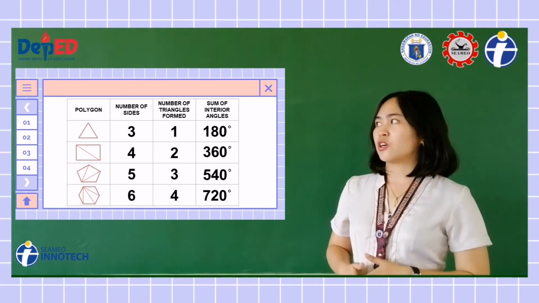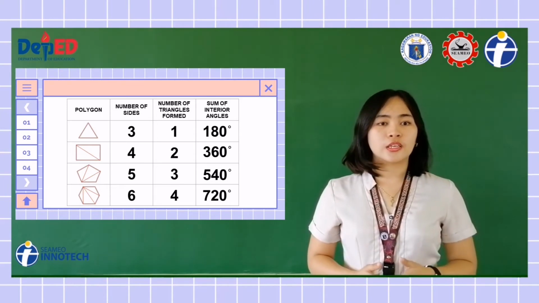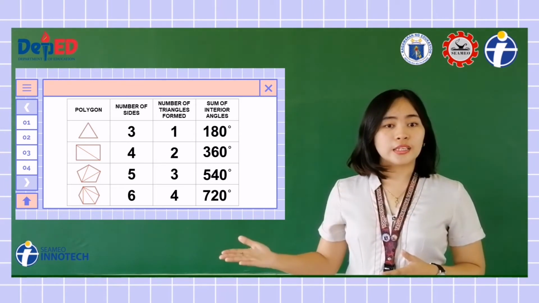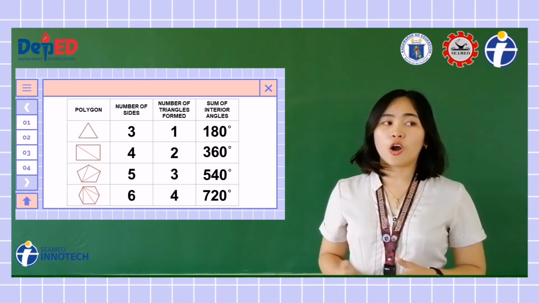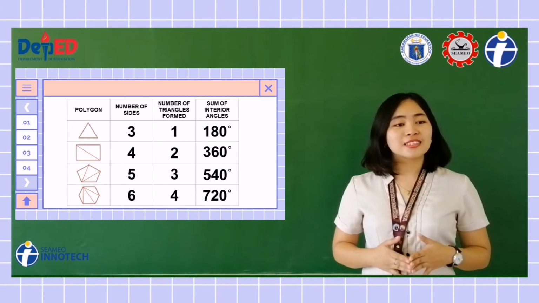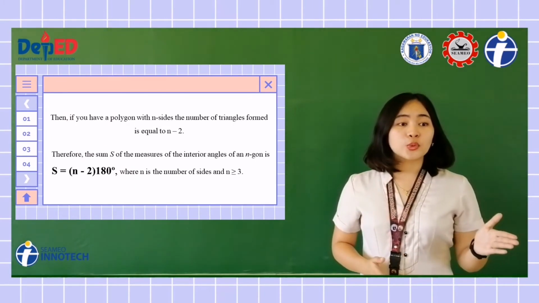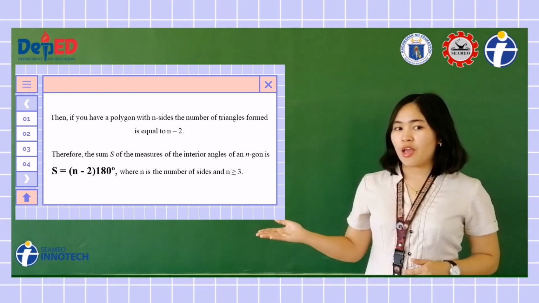So in this lesson, we have a formula in finding the sum of the measures of the interior angles of a regular polygon. If you have a polygon with n sides, the number of triangles formed is equal to n minus 2.